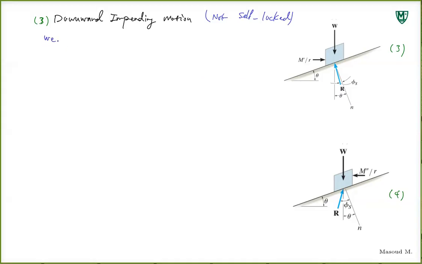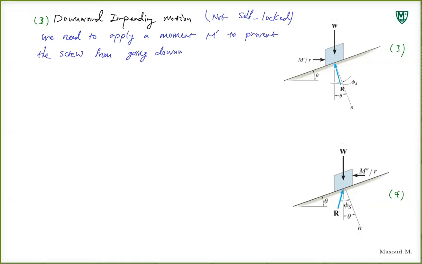So I'm going to write it this way. We need to apply a moment, let's call it M prime, to prevent the screw from going downward, right?